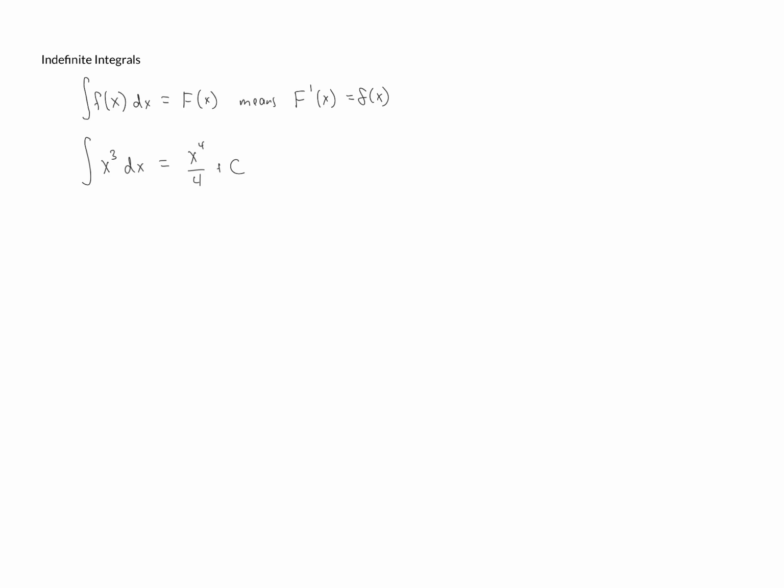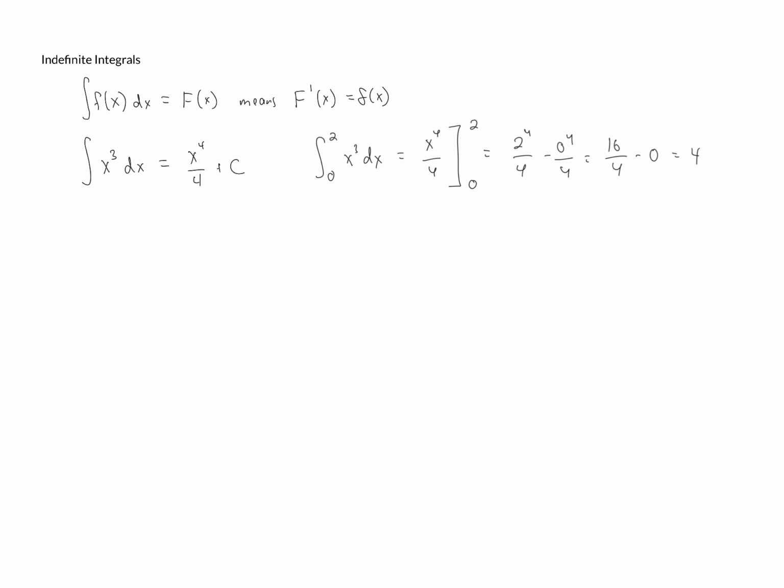If we take a definite integral, for example the integral from 0 to 2 of x cubed dx, this is going to give us a number. We write x to the fourth over 4, evaluate that at 0 and 2, and take the difference. That's 2 to the fourth over 4 minus 0 to the fourth over 4. 2 to the fourth is 16, and 16 over 4 minus 0 is just 4.